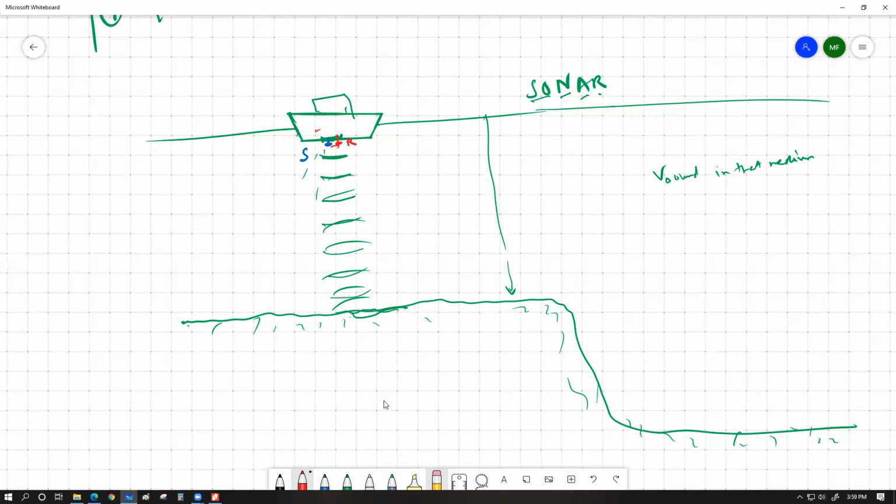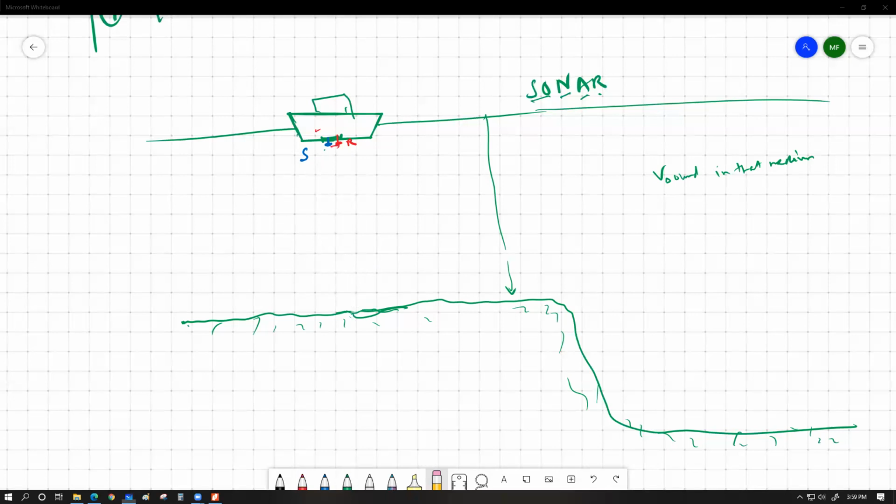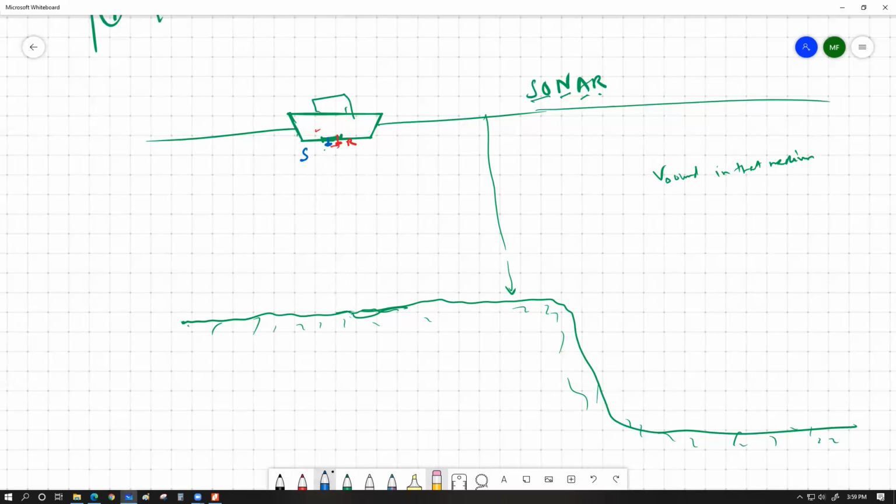Let's say it makes one single ultrasound pulse. So all of these individual pulses are not here. Let me erase that. Okay, let's say this source is sending down one specific pulse. It is producing one pulse, and that pulse is going through the seawater.